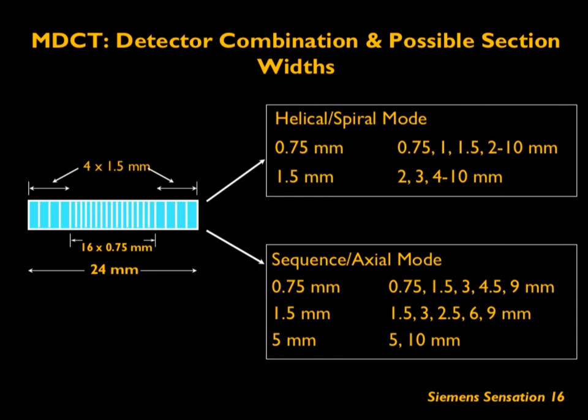What it basically means is that if you are acquiring at the thinner 0.75 millimeter detector aperture size, one can reconstruct images of various slice thickness such as 0.75, 1, 1.5 all the way to 10 millimeter by combining the data of various detector elements. Secondly, if the data is acquired by 4 by 1.5 millimeter, slice thickness can be reconstructed to 1.5, 2, 3, 4.5, 4 all the way to 10 millimeter.